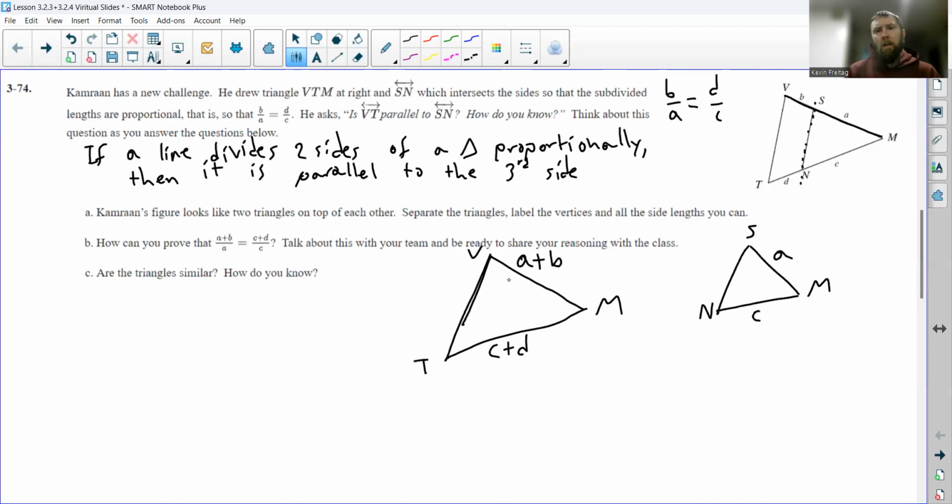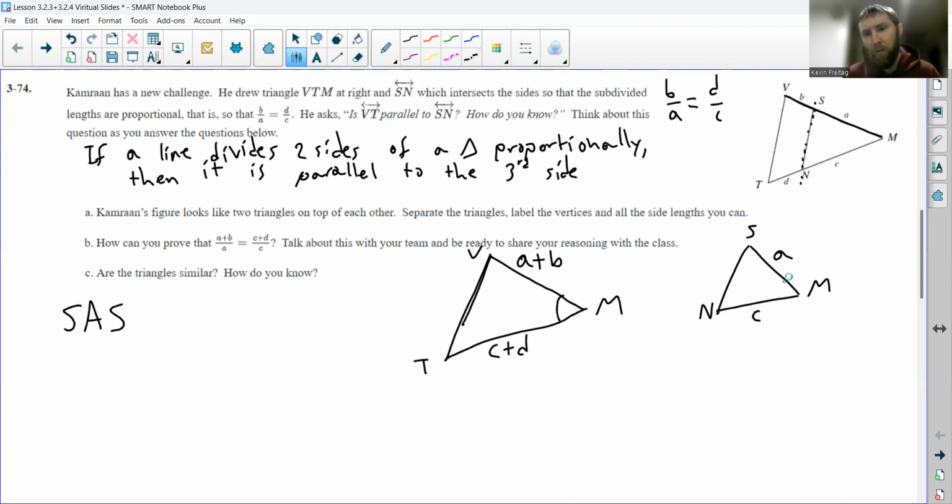Okay, so now we have these two triangles and we have these side lengths. What I'm going to try to do is prove the triangles are similar by side angle side. Now, I'm not going to do a full flow chart for the sake of time, but I want to explain to you where I get the sides and where I get the angle from. The sides should be fairly obvious. The ones that I'm going to try to show are proportional. The angle must be between them.